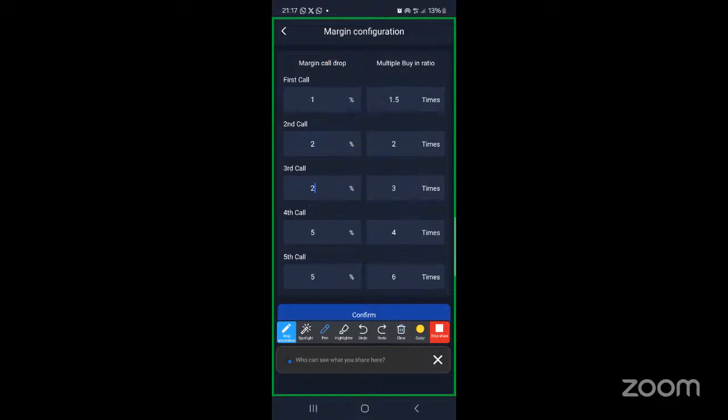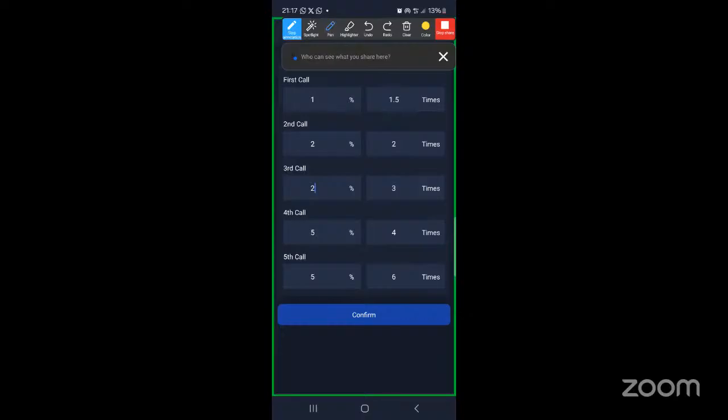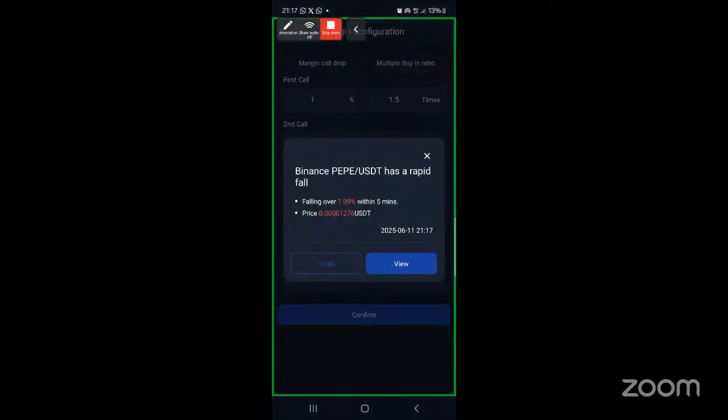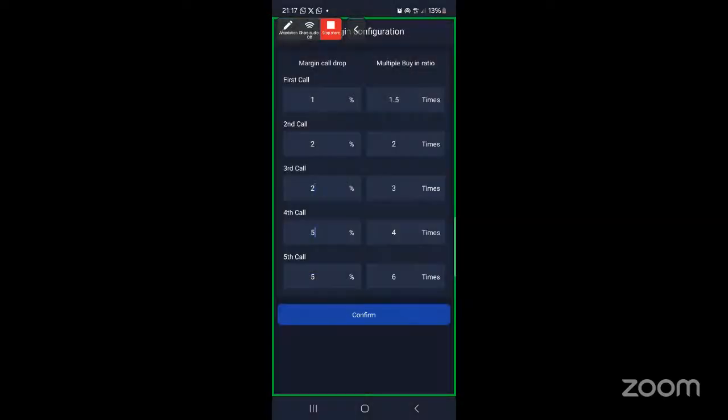What are we going to do? Adjust our remaining 2 margin calls. We are going to adjust our remaining, the big orders now. How do we do that? You can say, I'm making the 4th order.